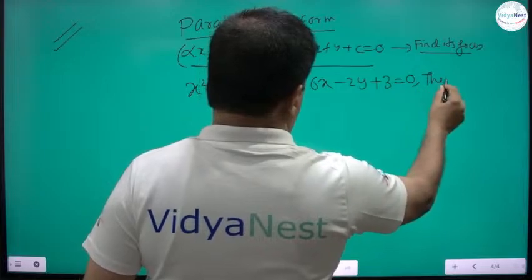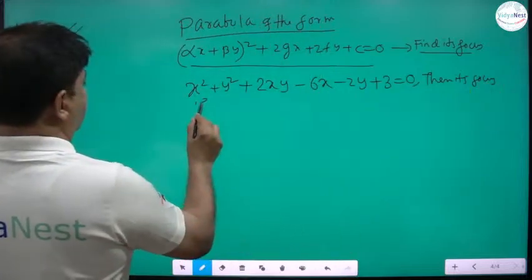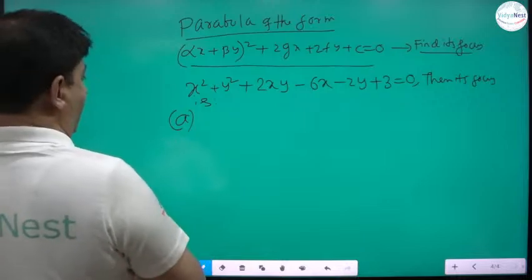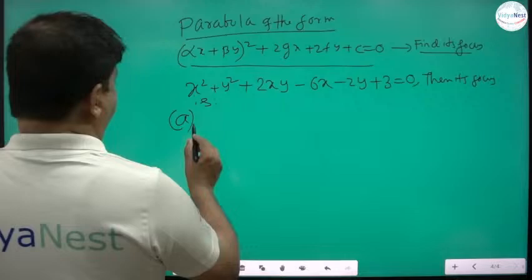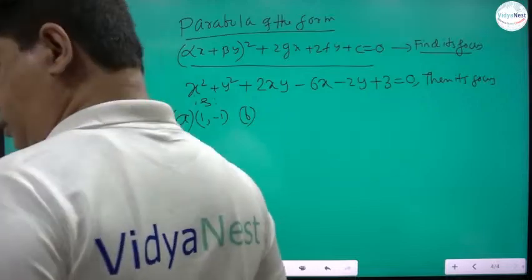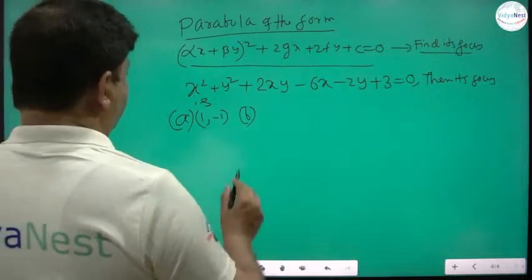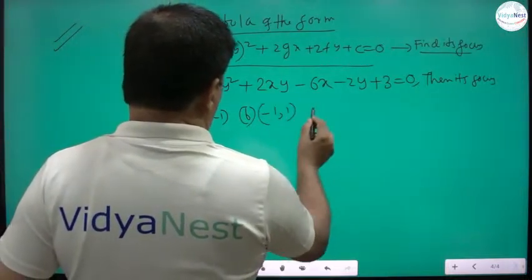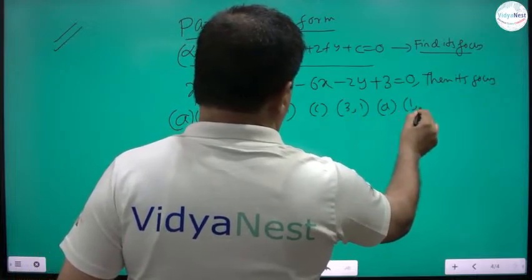Then its focus is option A, (1, minus 1), option B, (minus 1, 1), option C, (3, 1), option D, (1, 1).